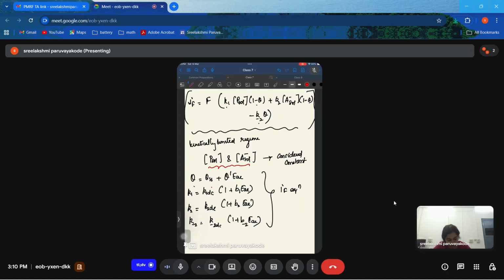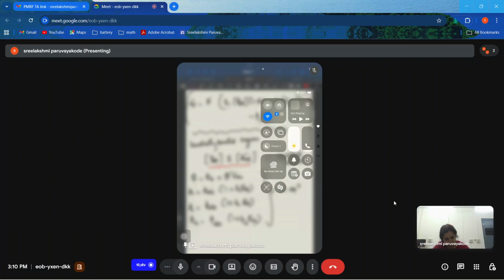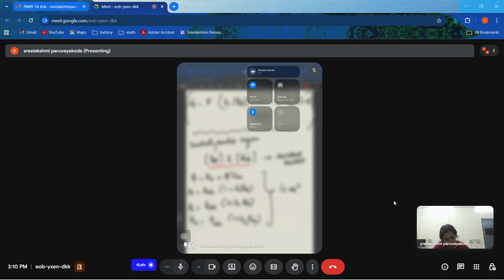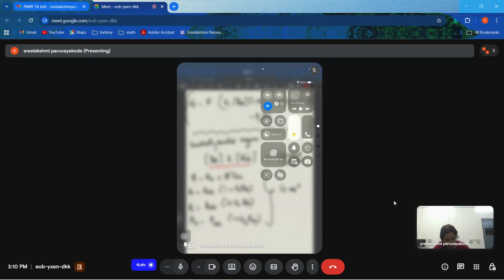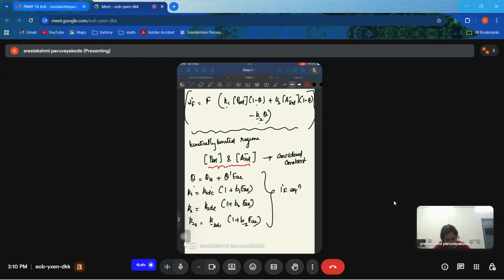Then K1 equals K1 DC into 1 plus B1 EAC, and K2 equals K2 DC into 1 plus B2 EAC. K minus 2 is equal to K minus 2 DC into 1 minus 2 B minus 2 EAC.